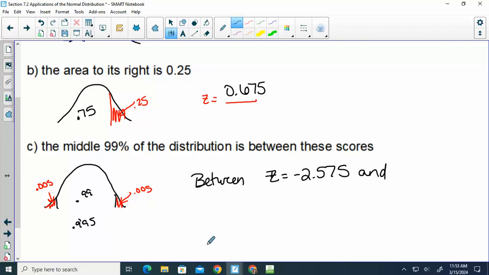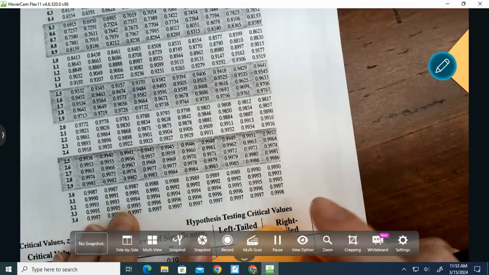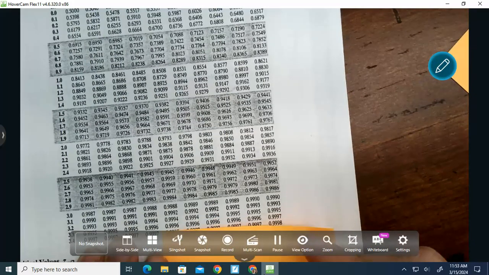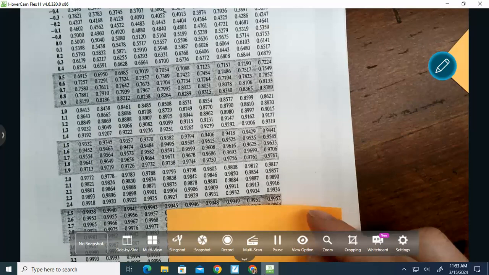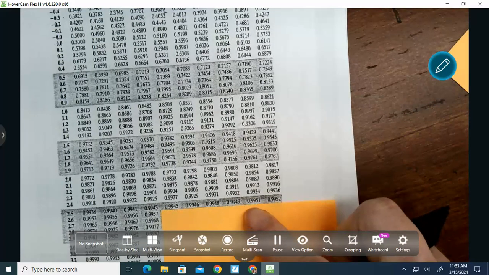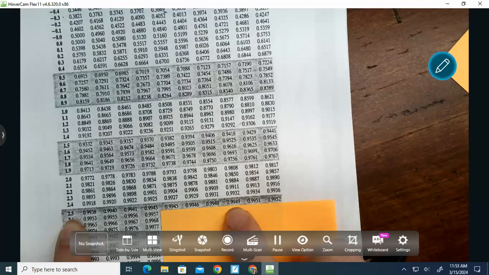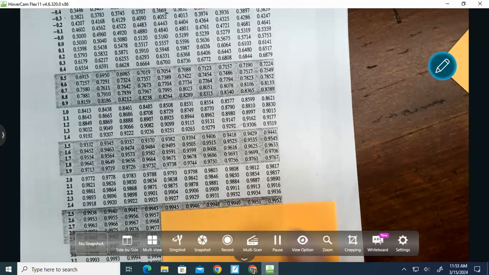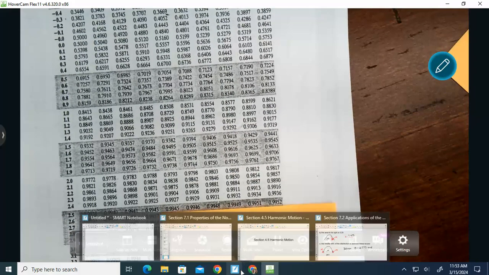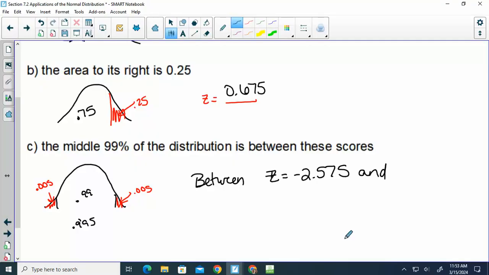If I went to my table and I looked at 0.995, it's right here in between 2.57 and 2.58. So you are correct. Because this is symmetric, if you have the same amount on both ends, it's just the positive and the negative.